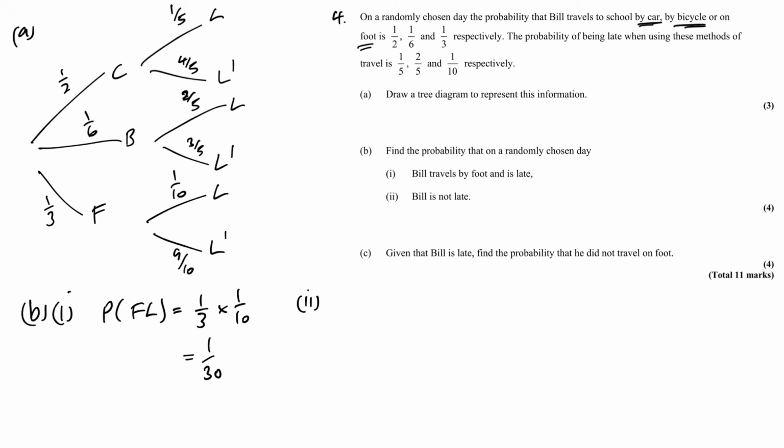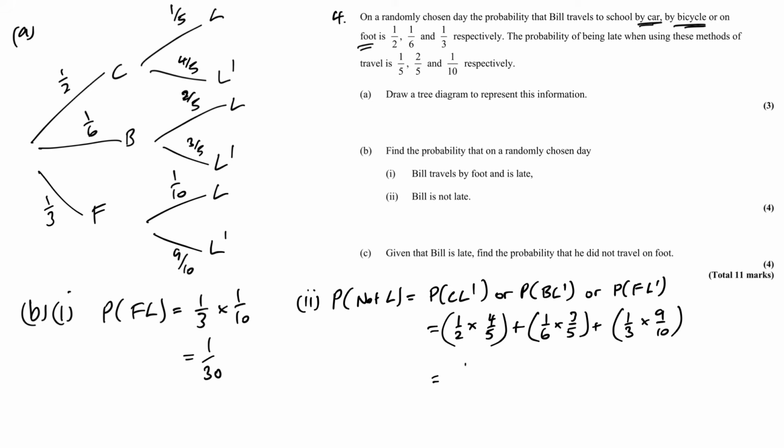And part B is that he is not late. So not late is that he goes by car and is not late, or by bus and is not late, or by foot and is not late. And that gives me 4/5.